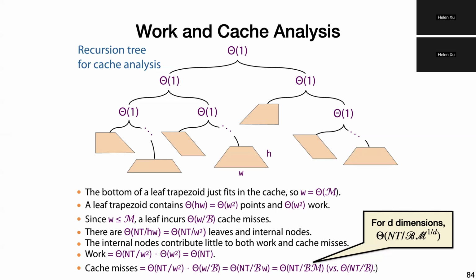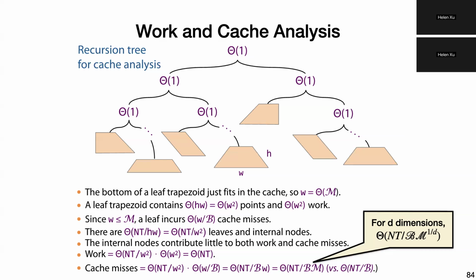So w, which is the horizontal length of the leaves, is theta m. Because remember, this also depends on the fact that we're holding only 2 rows at a time. So to compute this entire h by w trapezoid, we are only storing w points, because we're storing 1 row at a time.